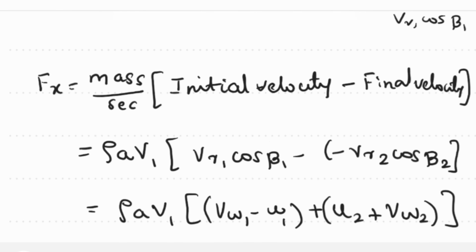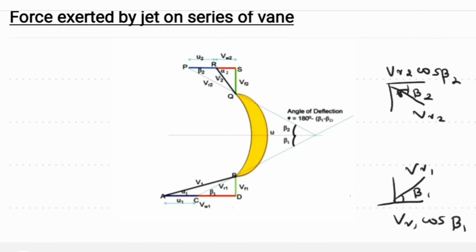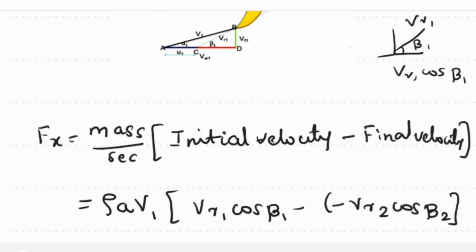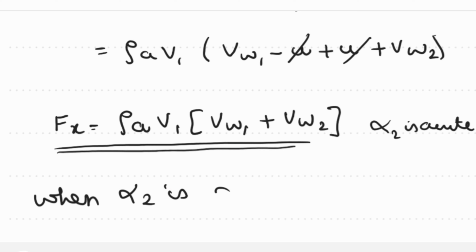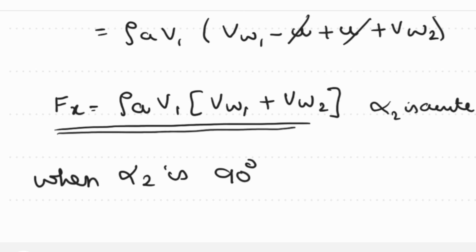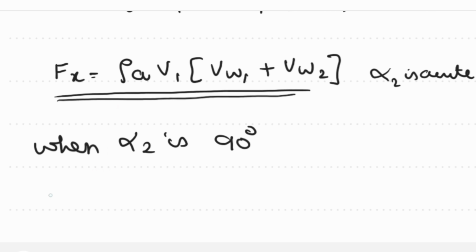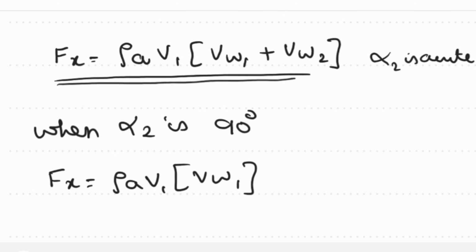This is for the case when alpha 2 is acute. We have already discussed in the single vane, when alpha 2 is 90 degree, Vw2 will be equal to 0. So Fx is equal to rho into A into V1 into Vw1.